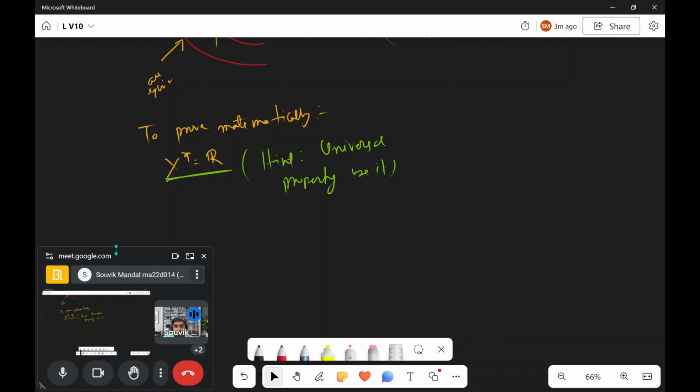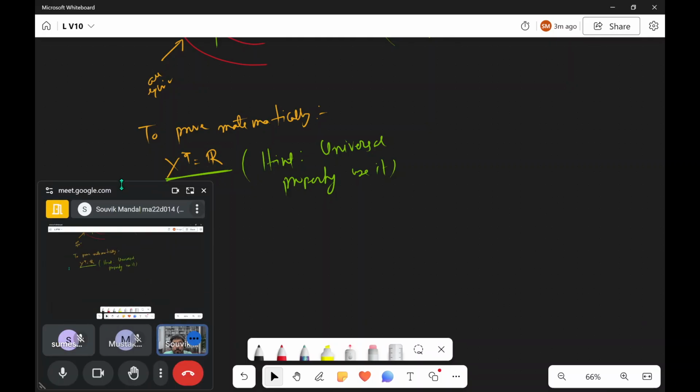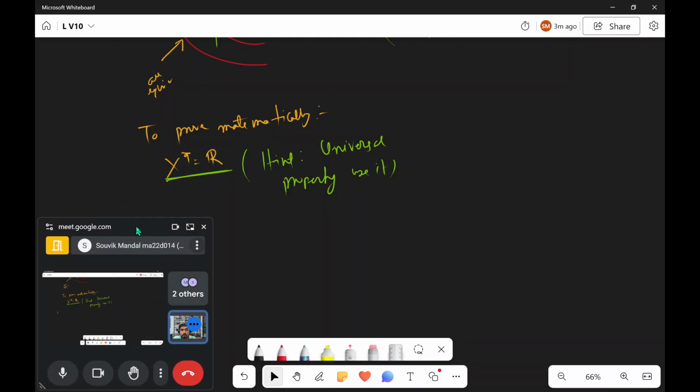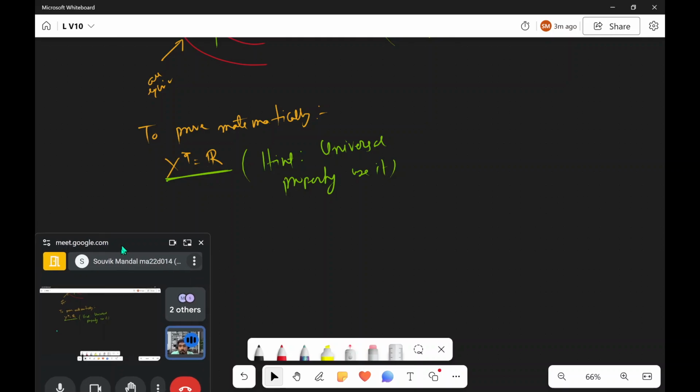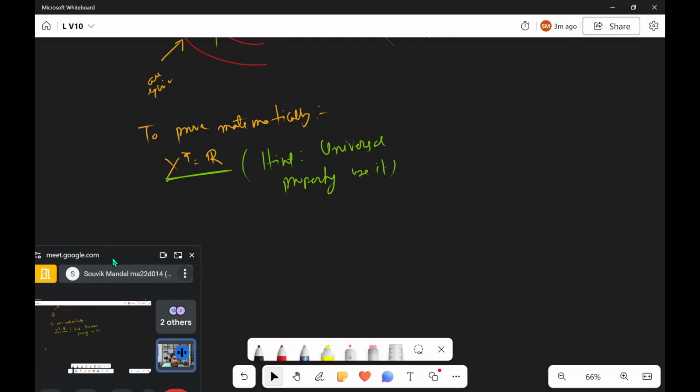So, anybody have any idea or any guess how to approach this problem? Or can anybody please suggest some way out to solve this? Or at least, in order to apply the x star strategy for R, what we need to show.